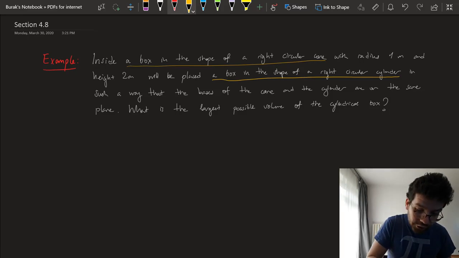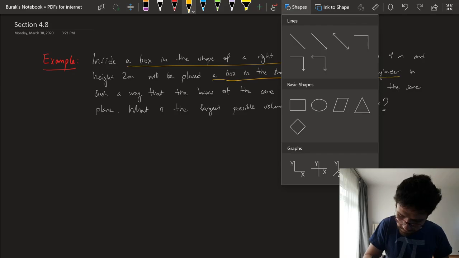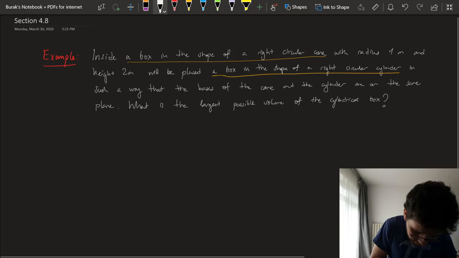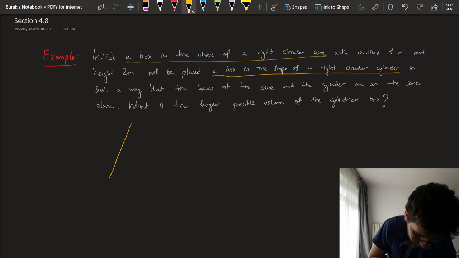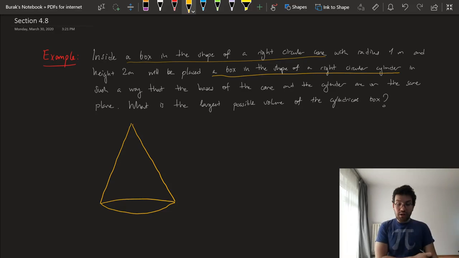So let me draw a picture over here. I'm going to draw my own cylinder. So this is my cone. Okay, this is my box in the shape of a right circular cone.